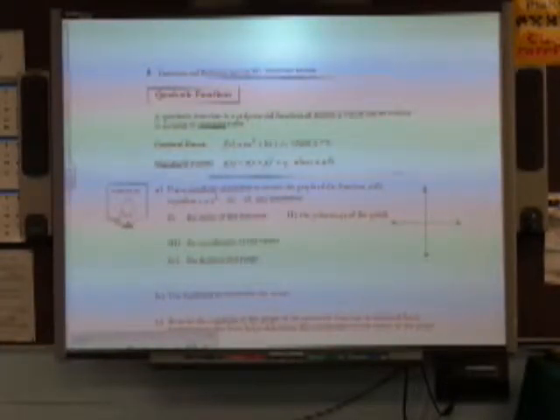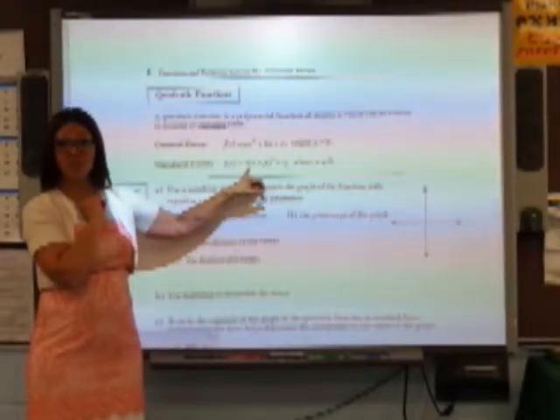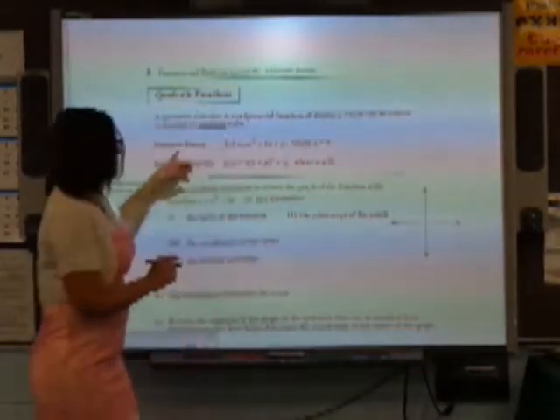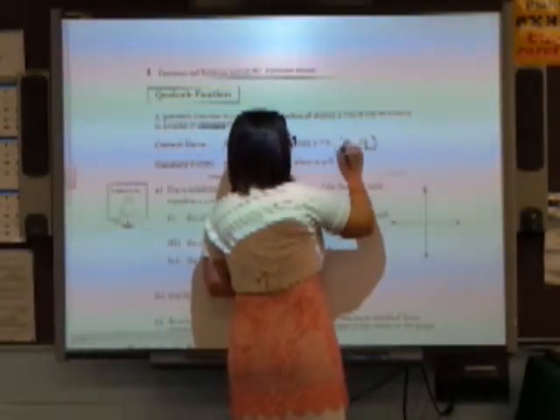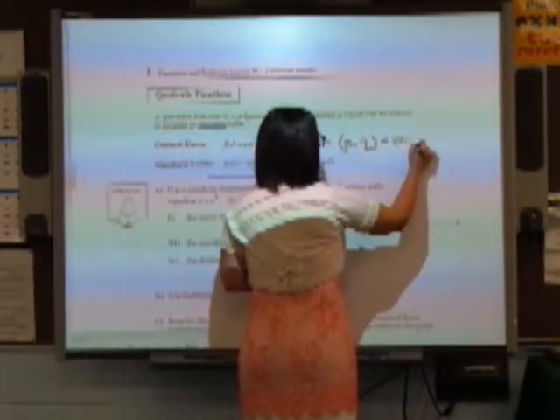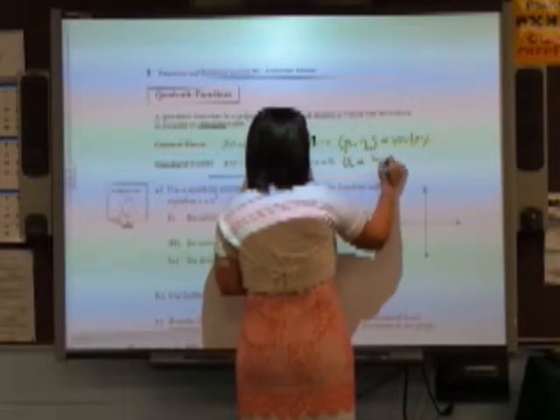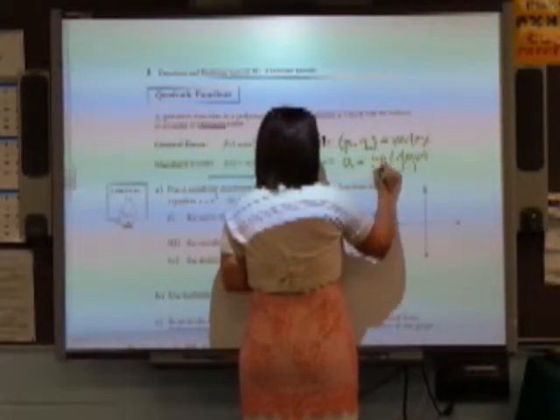And what specifically about a do I look at? Whether it's positive or negative. If it's positive, it opens up, and if it's negative, it opens down. So let's write that in. So p and q is my vertex, and a tells me if it opens up or down. Down if it's negative, up if it's positive.